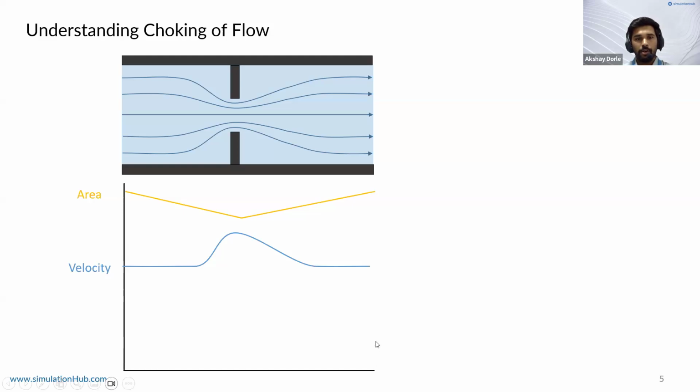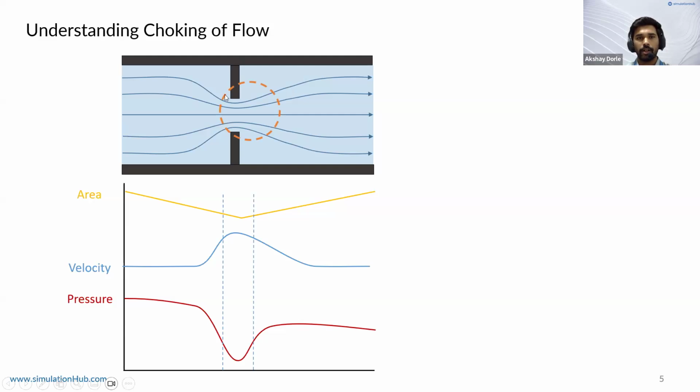Similarly, we can plot the pressure. The pressure starts at a high value, gradually decreases near the orifice plate, hits a minimum value, and after the orifice plate, it recovers and starts to reach the outlet value. The interesting thing here is that the velocity is peaking and the pressure is dropping. We can understand this using an idealized case.